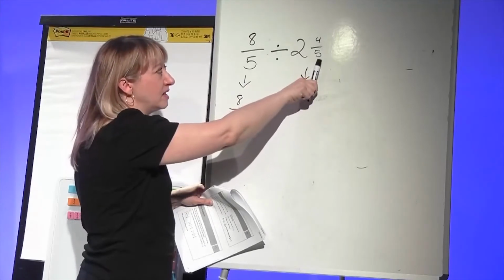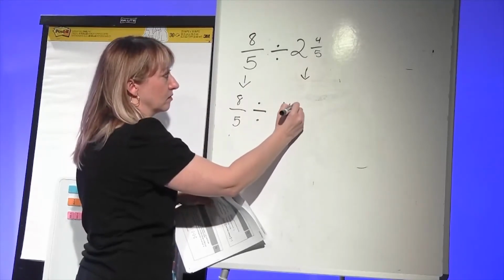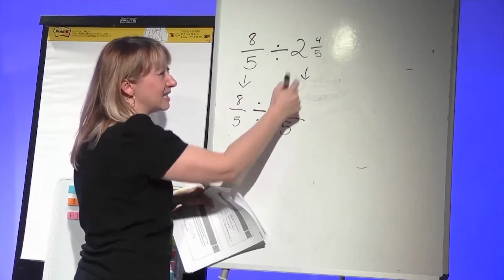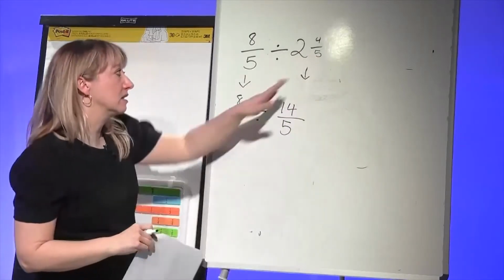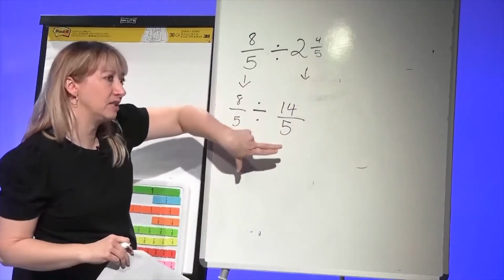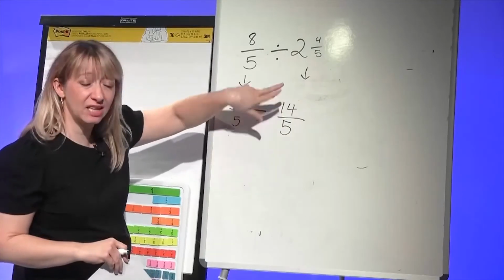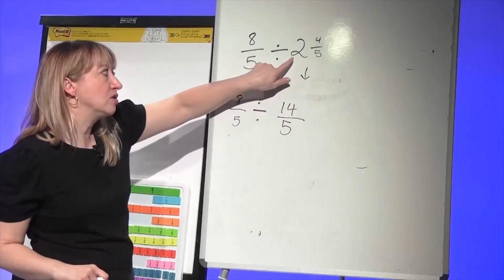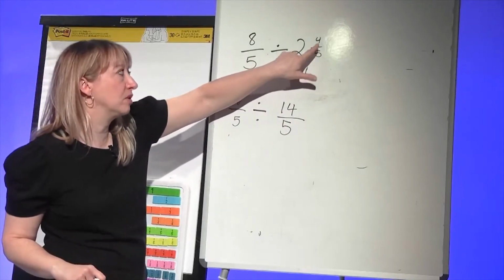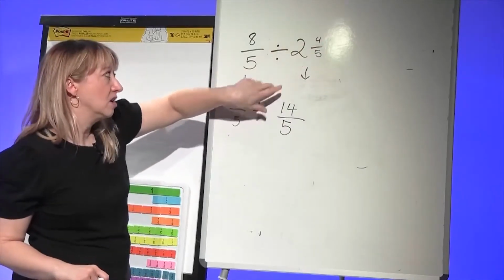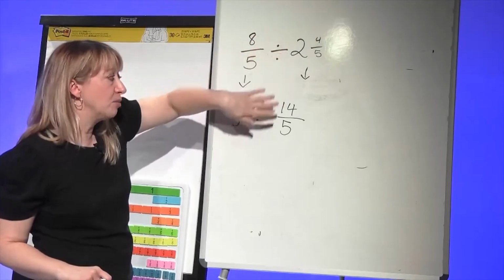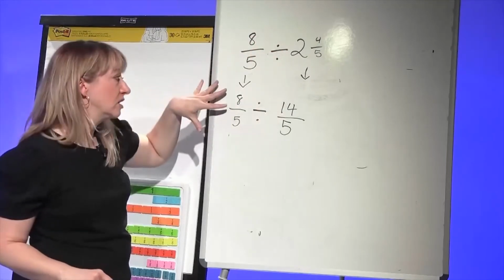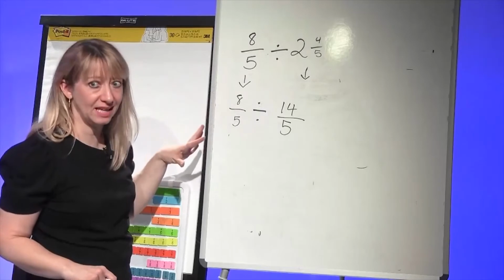So 2 times 5 is 10 plus 4. And then that stays over that original denominator. So the denominator isn't going to change. It might change at the end when you finally reduce it, but for now, we're just carrying this down. So again, 2 times 5 is 10. 10 plus 4 is 14. So we're changing from mixed to improper because that's the only way you can do division and multiplication, by hand.